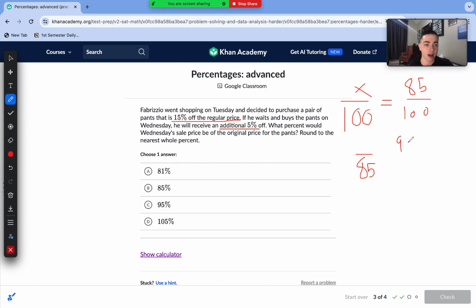So 95 over 100 equals X over 85. We can now solve this proportion to find our answer. Instead of solving for this, we can see that only one answer choice is going to make sense. If it's already 85% of its original price, if we take 5% off of that, it's going to decrease. So 81 is the only reasonable estimate, meaning that A is the correct answer.